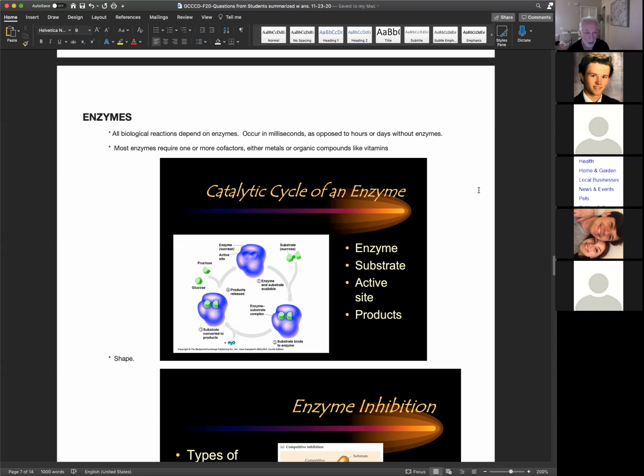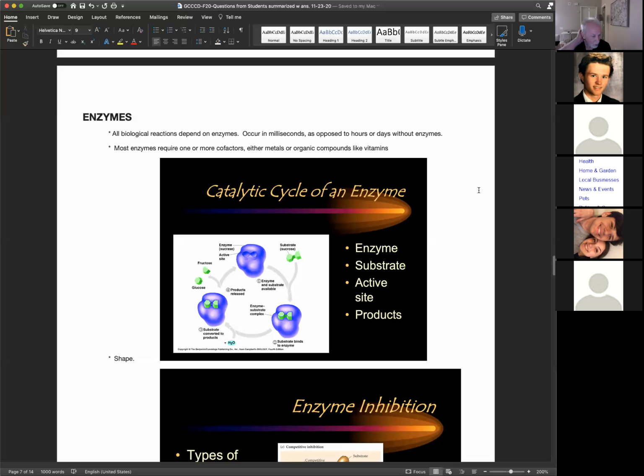The question about enzyme and substrate shapes. So that you see here with the blue and the green. The blue is an enzyme, the enzyme sucrase, which converts sucrose, the disaccharide, to two monosaccharides, glucose and fructose.